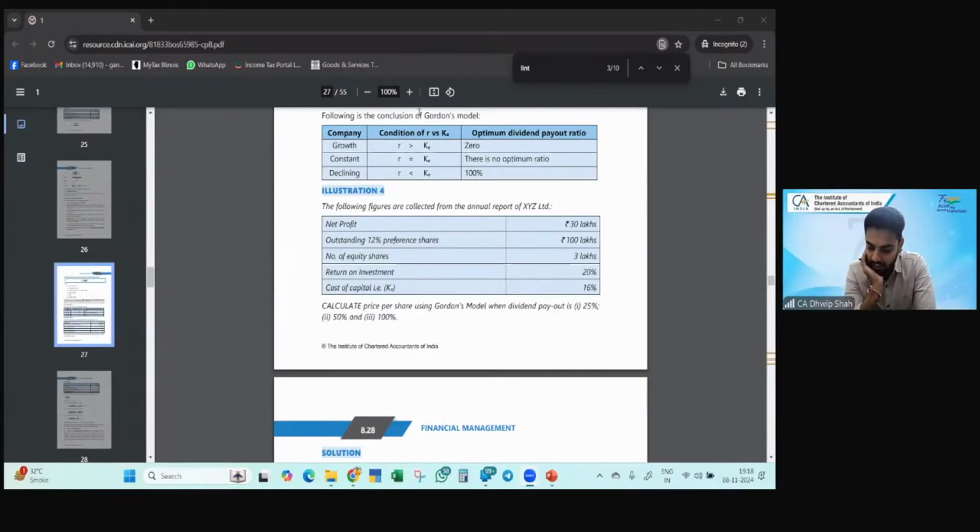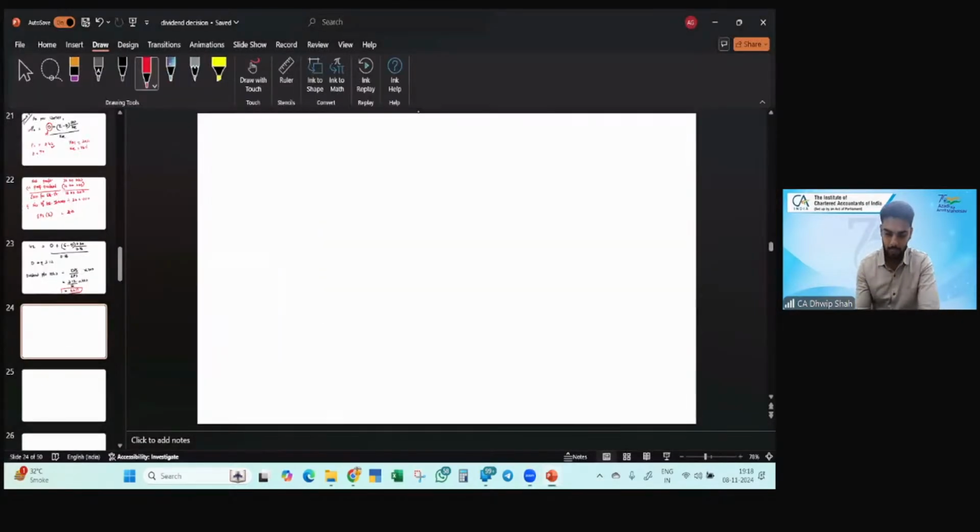The following figures are collected from the annual report of XYZ Limited. Again, net profit 30. Again, inference is same. All the figures and all the data given is same. Calculate price per share using Gordon's model when dividend payout is 25, 50 and 100. Illustration 4.